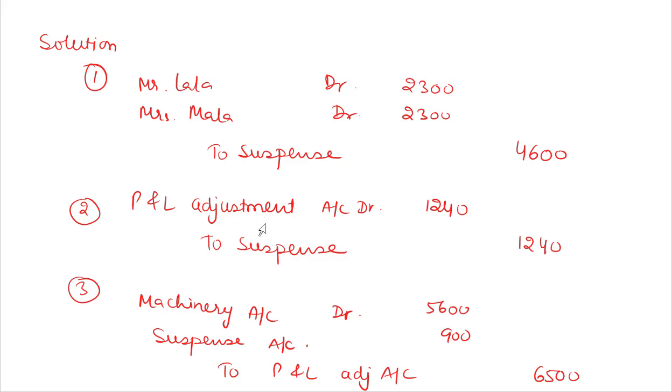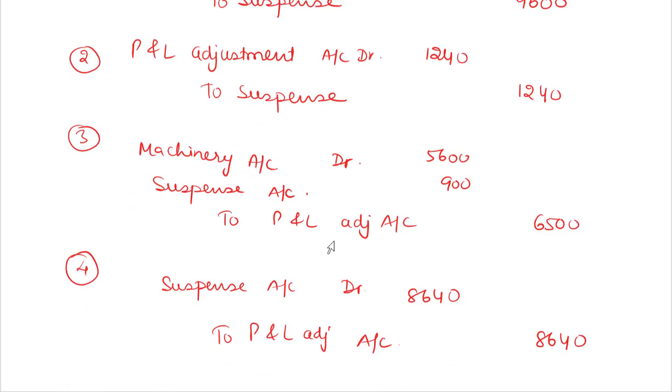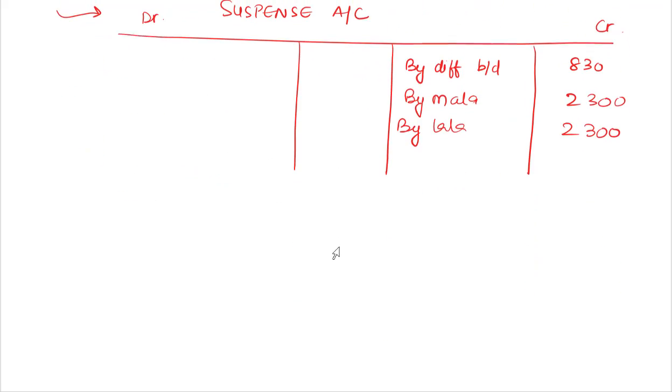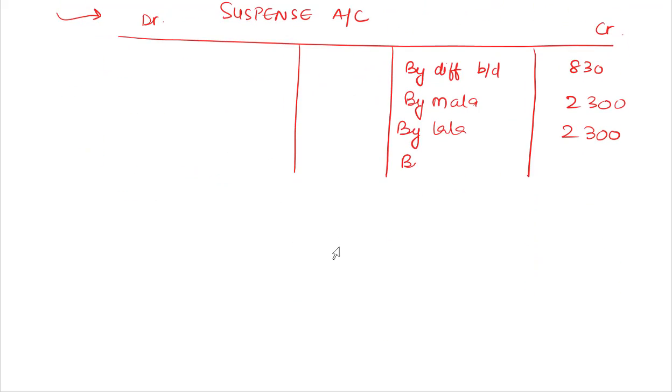Let's see entry number 2, P&L adjustment to suspense. In suspense account, P&L adjustment will be shown on the credit side. So over here it will be by P&L adjustment 1240.